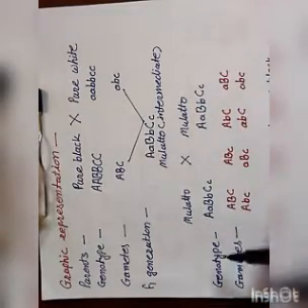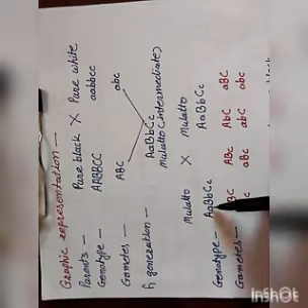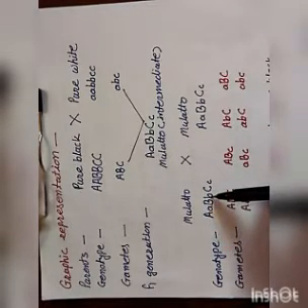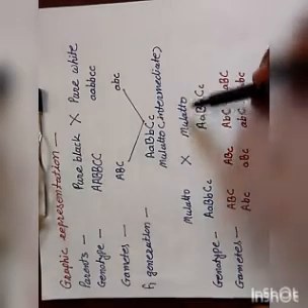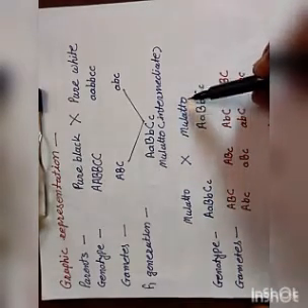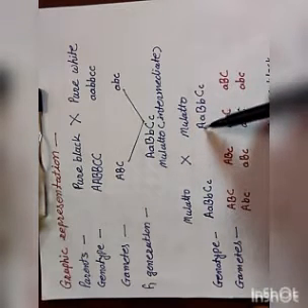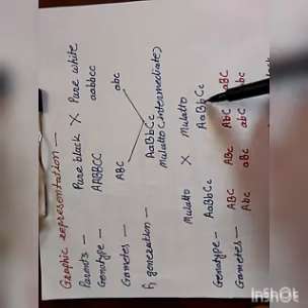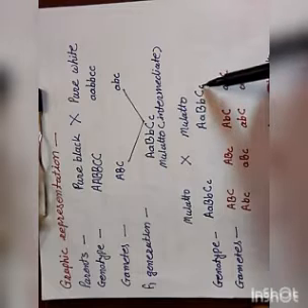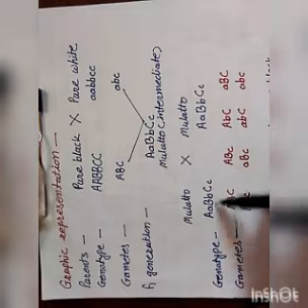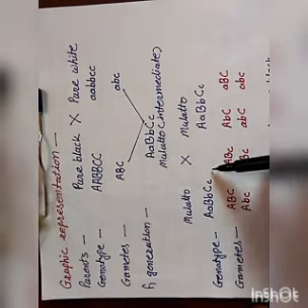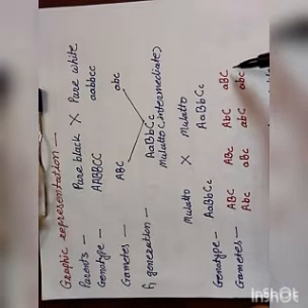How? The genotype of the mulatto is capital A, small a, capital B, small b, capital C, small c. Here also the genotype of this mulatto individual is capital A, small a, capital B, small b, capital C, small c. Then gametes. This mulatto individual produces 8 different types of gametes.